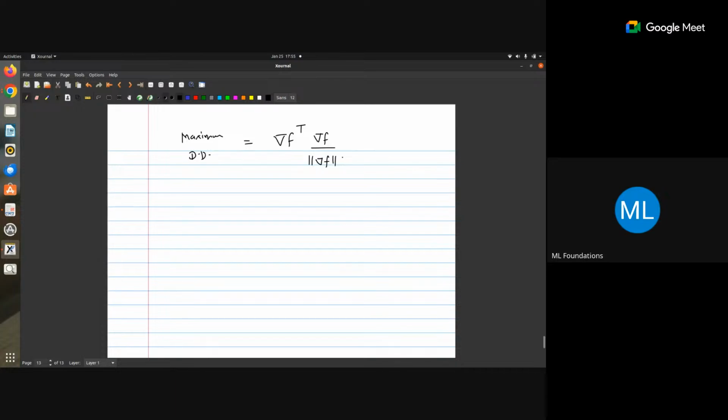Fine. And what is del f here? It is 12, 9. What is the length of this? It's root of 12 square plus 9 square, so 144 plus 81, root of 225, which is 15.